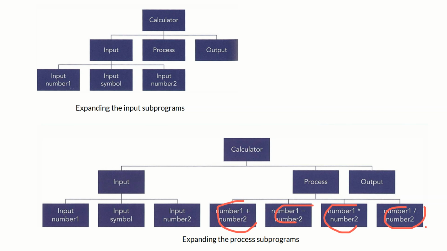What about the output? What do you think I should do to the output? Who can tell me? Having seen the input and the process, what further division should it be?